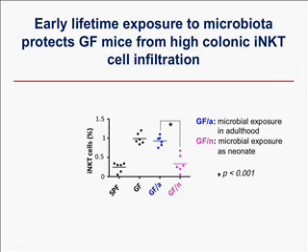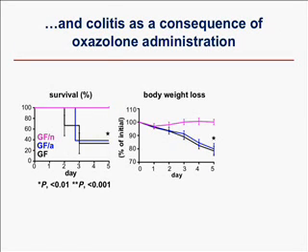And there was a critical window of opportunity where the normalization of the immune system could only occur if the microbes are provided in the first 2 weeks of life, and not if the microbes are provided any later than that very critical window. And similarly, the susceptibility to inflammation also required introduction of the microbes in the first 2 weeks of life.